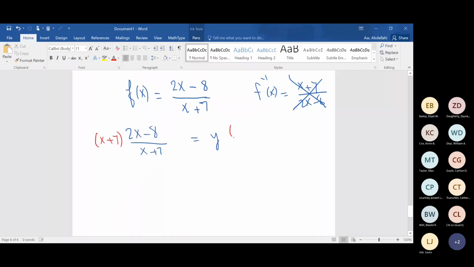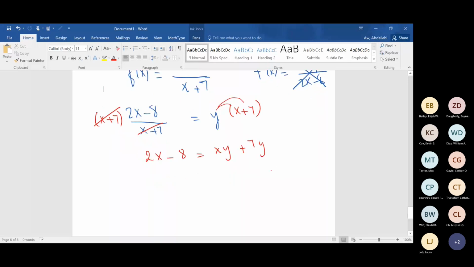So you get 2x minus 8 is equal to xy plus 7y. Please, when you distribute, don't forget to distribute the y to everybody, to the x and to the 7, right? Okay, what are you going to do next?